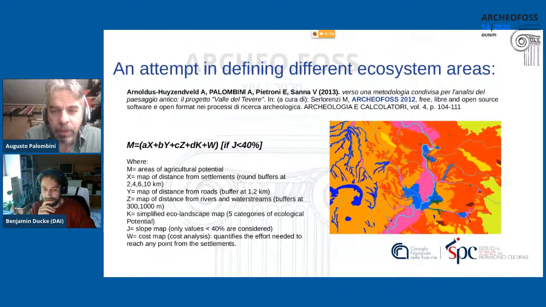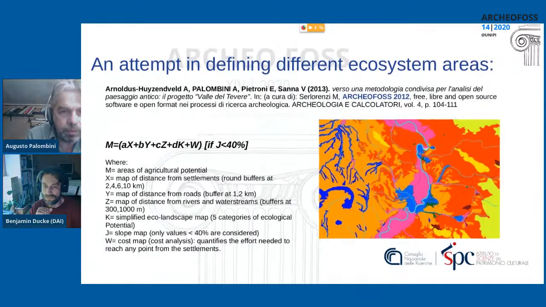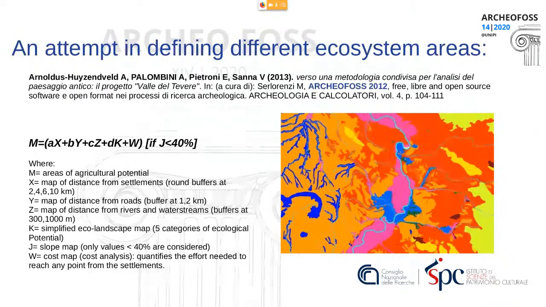aspects affect these choices. So we built a sort of algorithm taking into account the distance from settlements, so the buffer of settlements, a sort of site catchment analysis according to literature, the distance from roads and from water flows, and a sort of simplified eco-landscape map taking into account some aspects of the soils and geology and slope, and even the cost map.